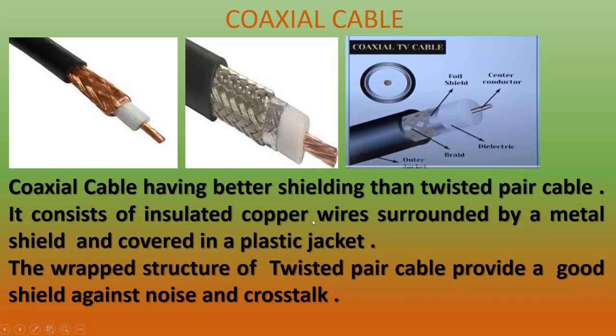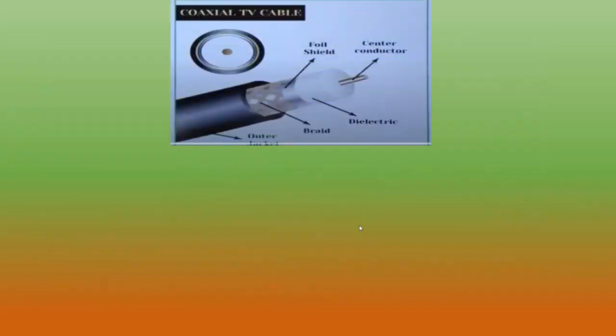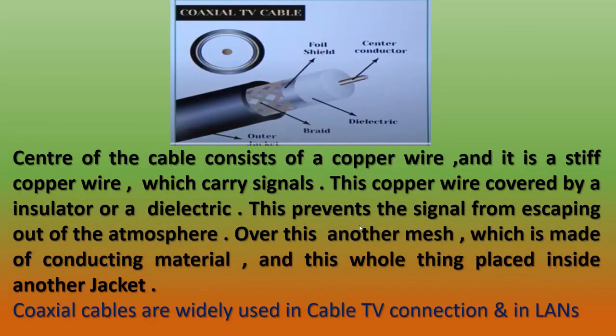It consists of an insulated copper wire. The inner wire is an insulated copper wire which carries the signal, and it is covered inside a plastic jacket. The center wire is a stiff copper wire which carries the signal.